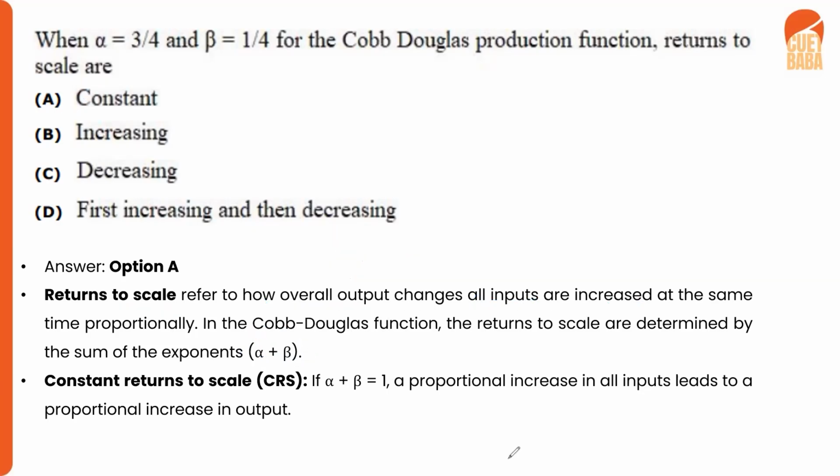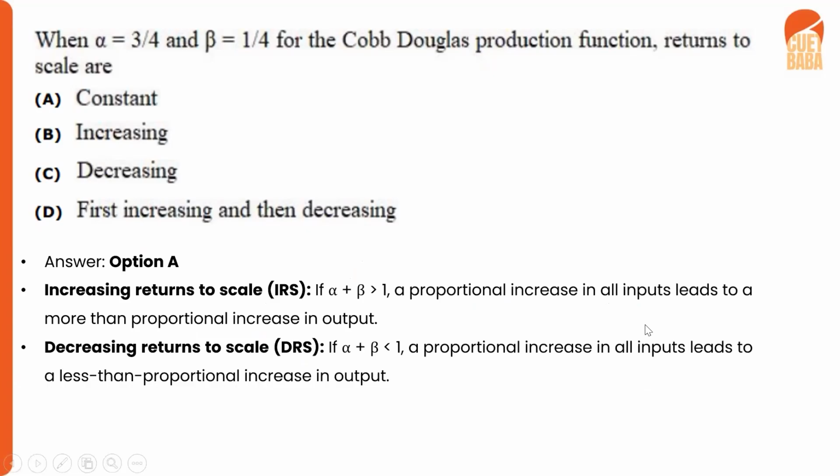If you have alpha plus beta greater than 1, it is analyzed as increasing returns to scale. And if the alpha plus beta value is less than 1, then it would be decreasing returns to scale. Here it's very clear that alpha plus beta is 1, and so it is constant returns to scale.